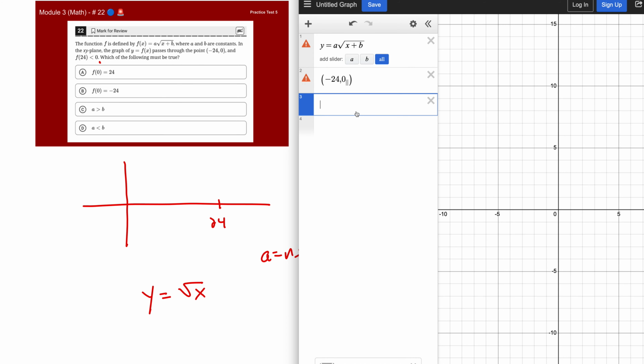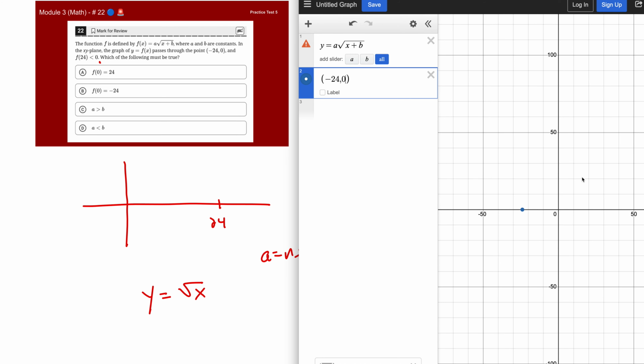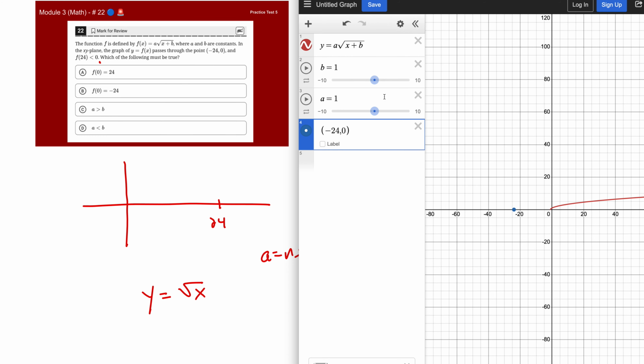Let me zoom out for a second so we can see it. There's that point right there. And I can click both of these values, and I get sliders for our constants a and b.